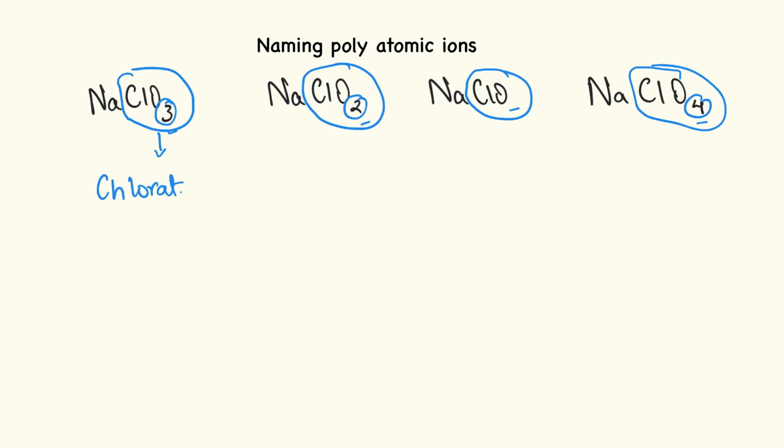And the fact that it ends with ate makes it a base ion. The reason why we call this a base ion is because now you will use the name of this base ion and modify it a little bit to indicate that every time the number of oxygens is changing. So for example, in this second example of NaClO2, if you compare the ClO part with that of the first one, you will notice that this one has one less oxygen.